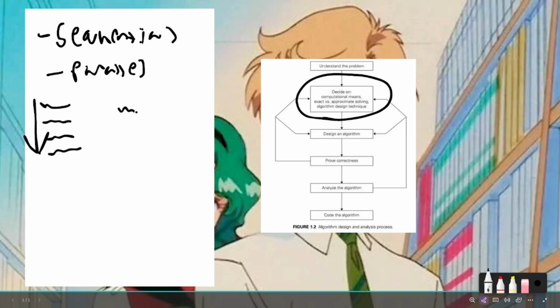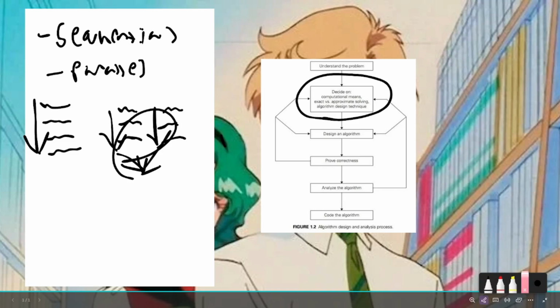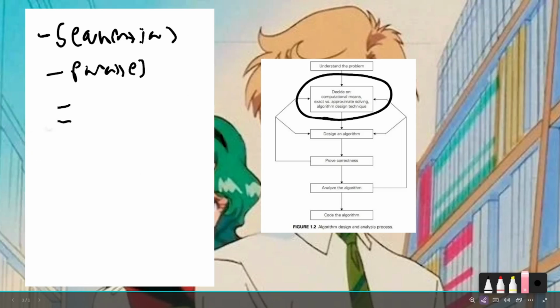Whereas with a parallel one, you'll have instructions operating at the same time to give you a faster result. Not everything really works for parallel, so most of the time you'll be doing sequential, and when we analyze the time efficiency, we'll be assuming sequential.